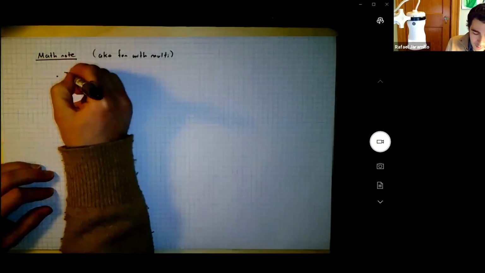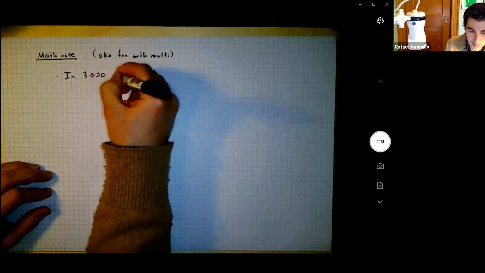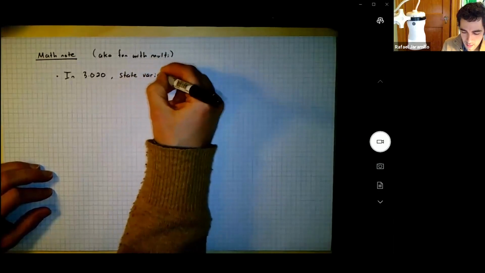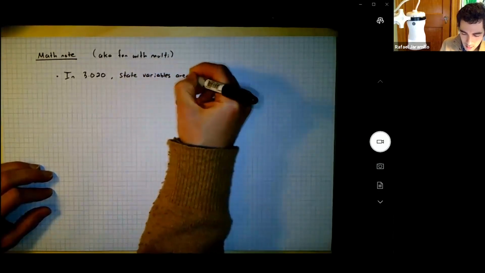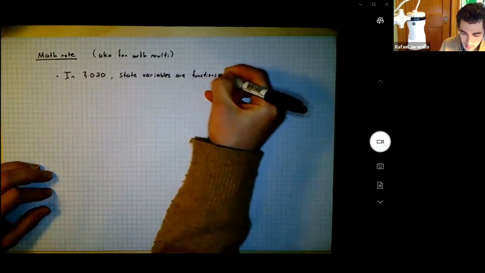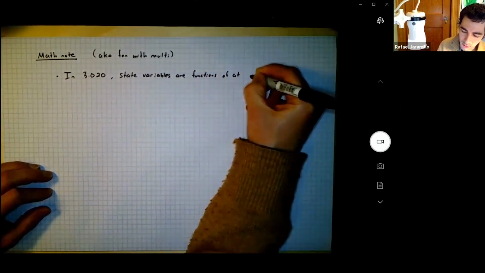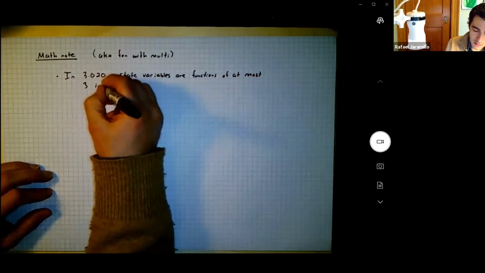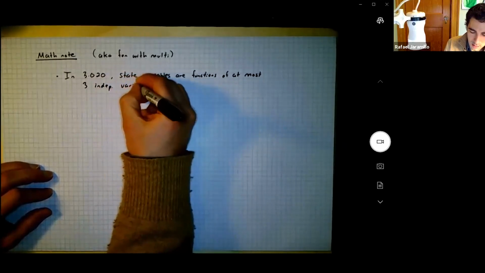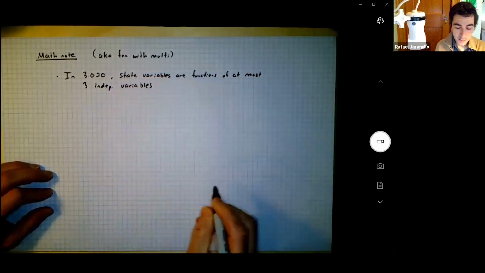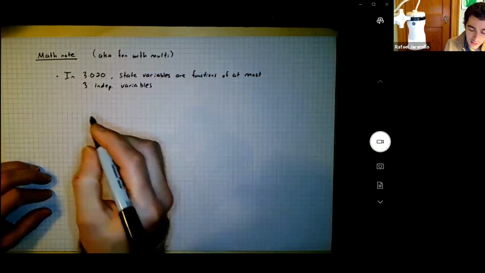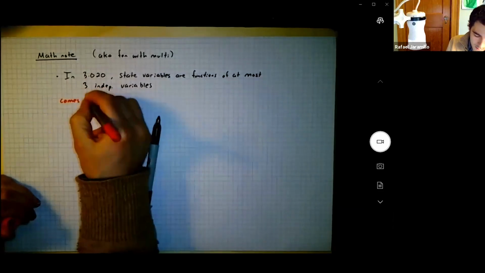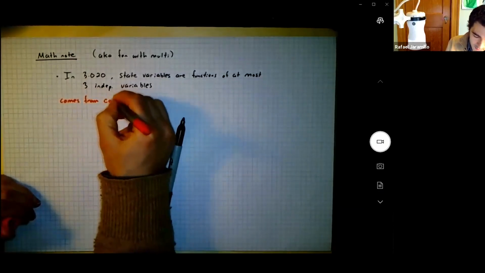So in 3020, state functions, I'd say state variables, are functions of at most 3 independent variables. And this is where that comes from. It comes from, sorry, this pen is kind of smushy.